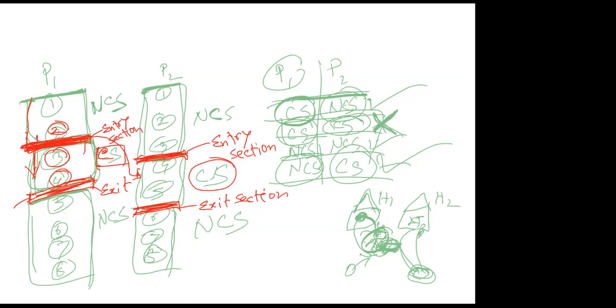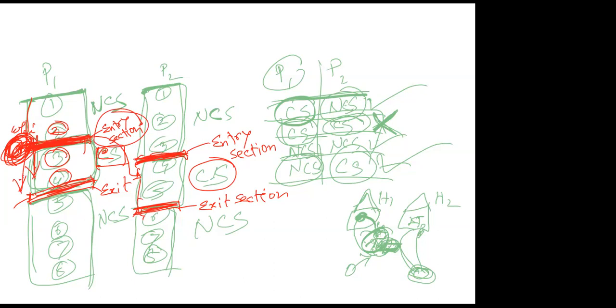Otherwise this process will stop at this location, stuck in this location. How can you do this? You can make an infinite while loop here. You just keep looping in this section, and it always checks, waiting for the process to come out of the critical section.